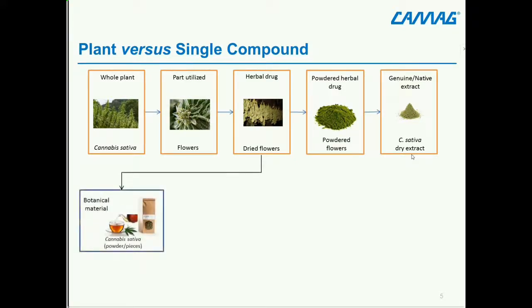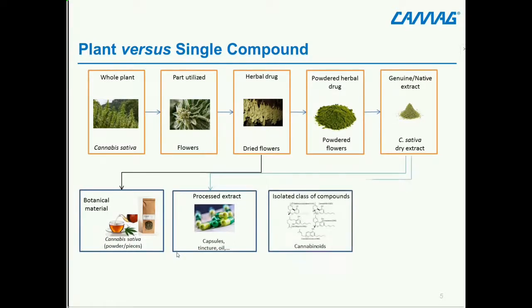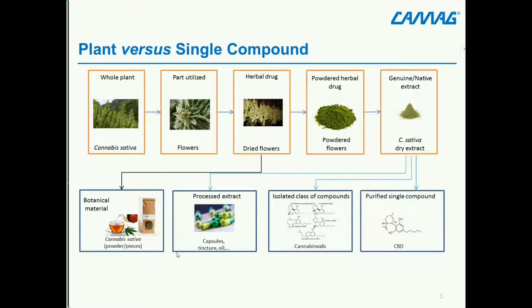Then we can have different finished products, complex product like a cannabis tea for example, or other food, dietary supplements, etc. Then we can have processed extracts, capsules, tinctures, oils, etc. We can have isolated class of compounds, different cannabinoids, and we can have the purified single compound, for example the CBD.